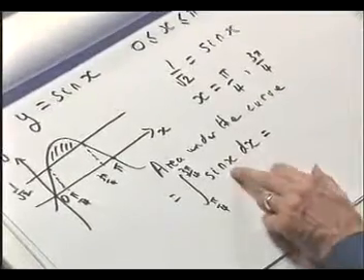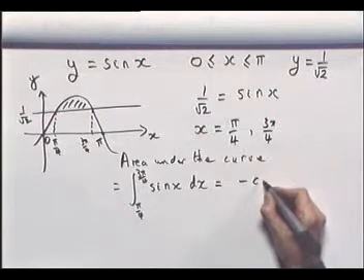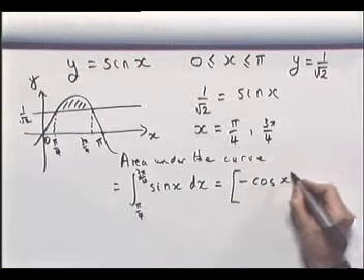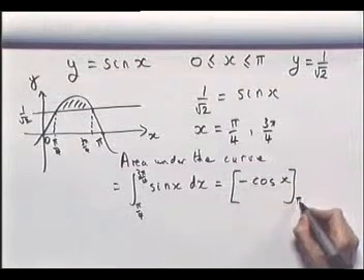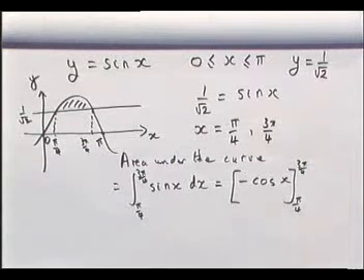So I have to integrate sine x. Well, the integral of sine x is minus cos x. And we have to evaluate that between pi by 4 and 3 pi by 4.